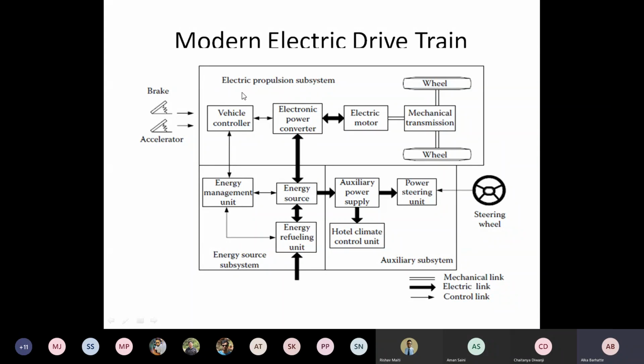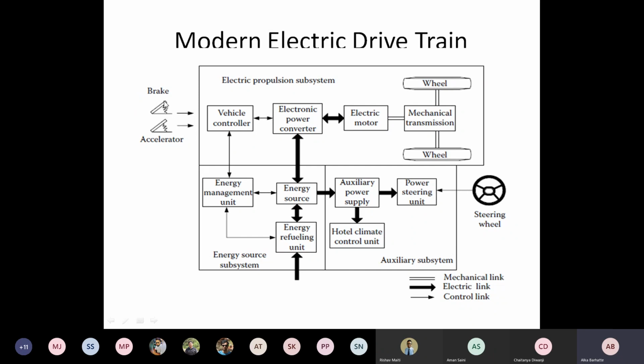The electric propulsion subsystem consists of the vehicle controller, electronic power converter, and electric motor, and the motor is connected to a mechanical transmission to drive the wheels. How does this subsystem work? It works based on the input obtained from the brake and accelerator.